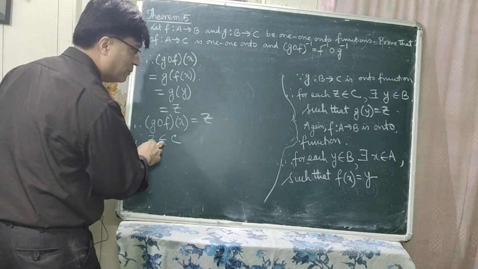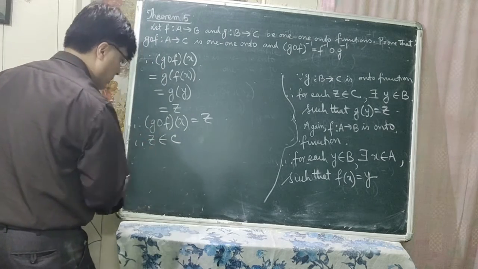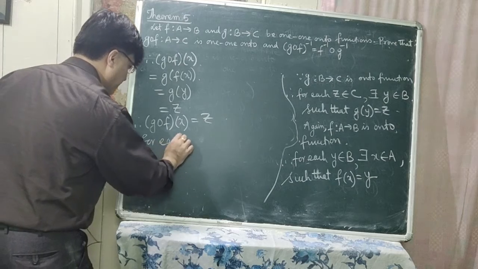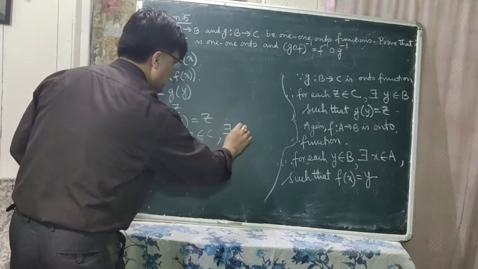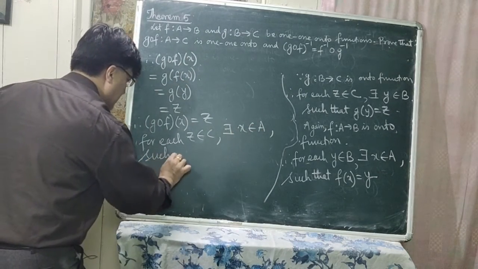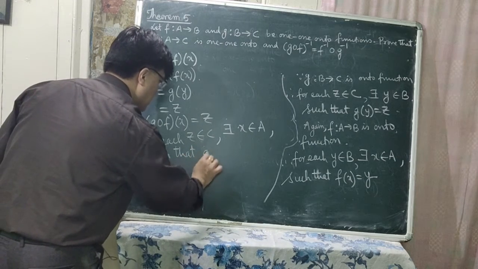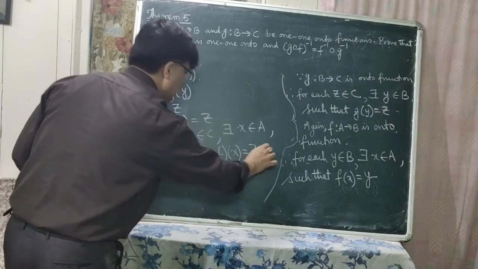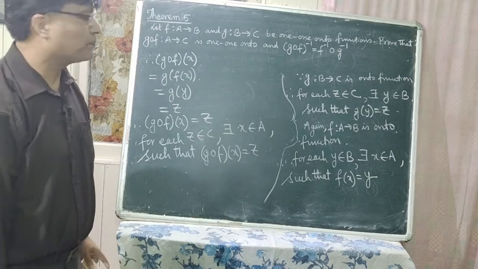So z belongs to the set C implies that, for each z belonging to the set C, there exists x belonging to the set A such that gof of x is equal to z.